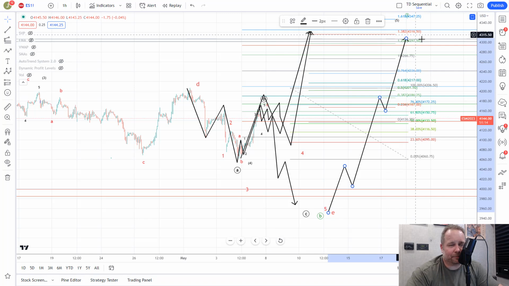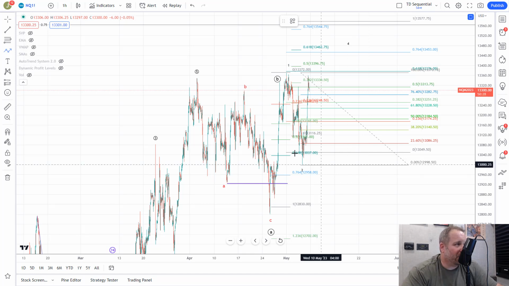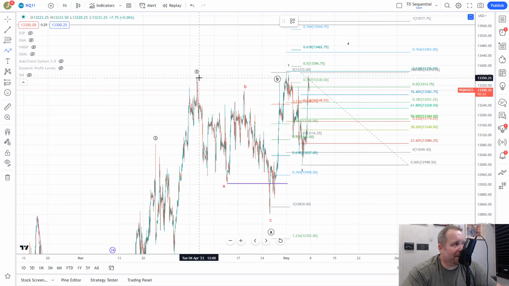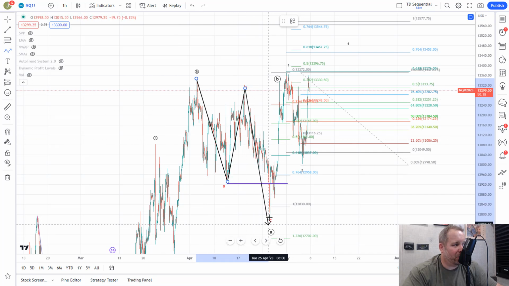Over on the NASDAQ, okay, remember guys, as I've been saying for some time now, the NASDAQ is in a much better position, a much more bullish position, has been telling the truth far better than the ES has been, following the path far better than the ES has, and it is set up for a breakout to the upside. And so on the NASDAQ, what we're looking for here is the NASDAQ completed what we're calling the wave 1 up here, 5 waves up, and then we got an ABC pretty perfectly down, spike through the 1.0.